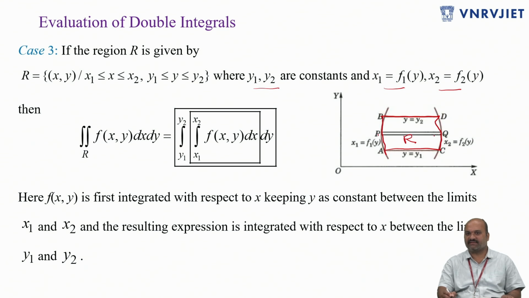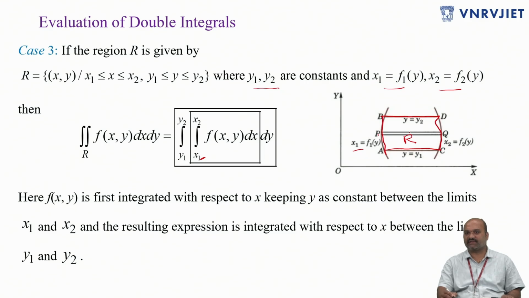So the strip has its ends on x1 and x2. That is f1 of y, f2 of y. That's why those are the inner integral limits, x1 to x2 f of x comma y dx. That's why we integrate first with respect to x by treating y as constant. And next we integrate with respect to y.